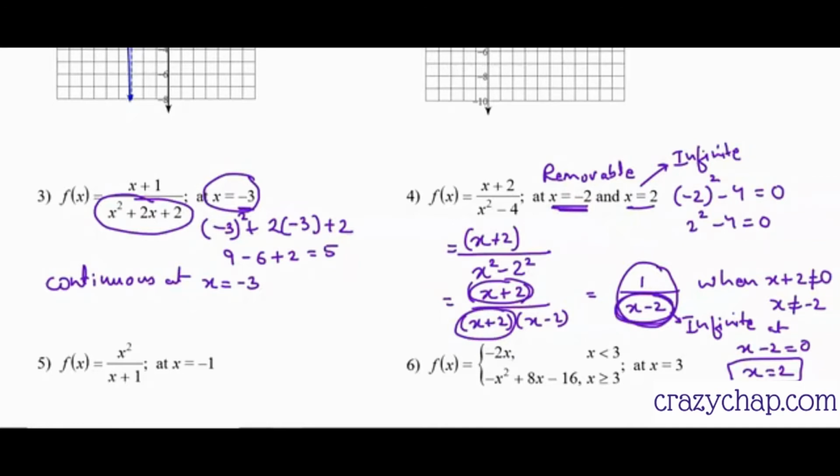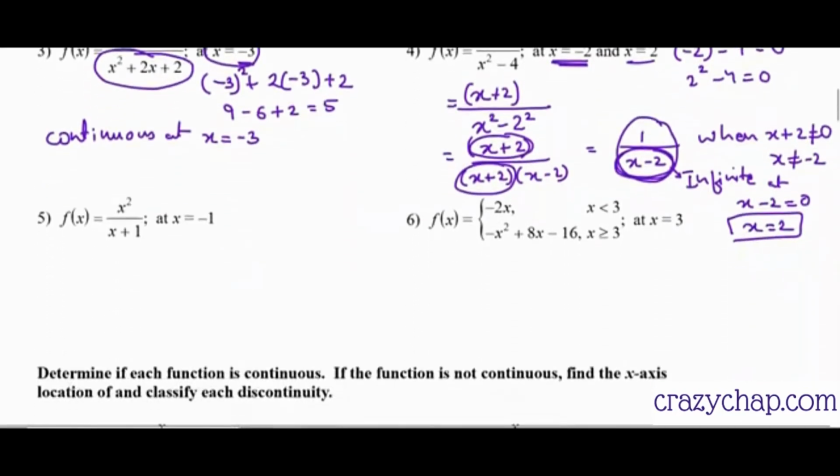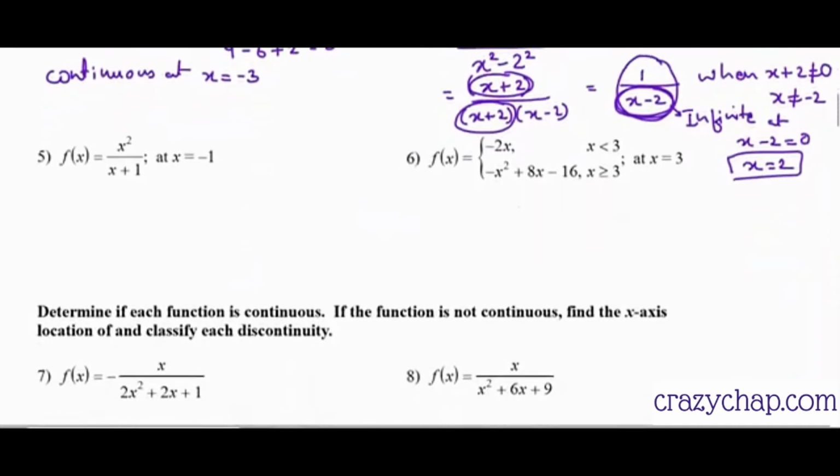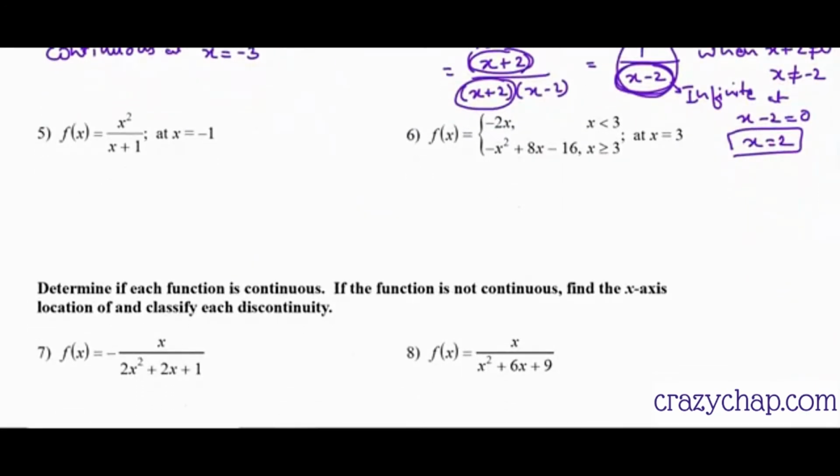Let's try the next question, question number 5. It is again a rational function and there is no common factor possible, so there is no removable discontinuity possible. We will check whether at -1 the denominator gives 0 or not.